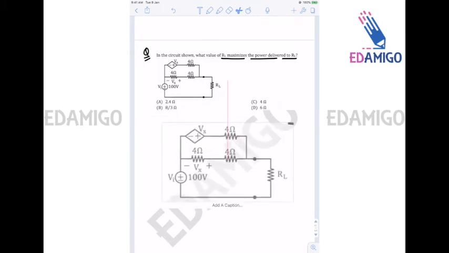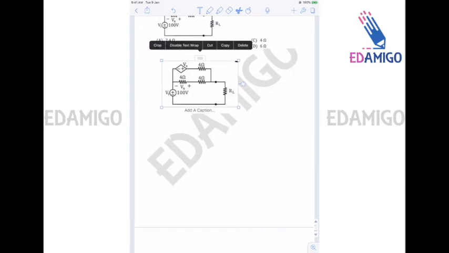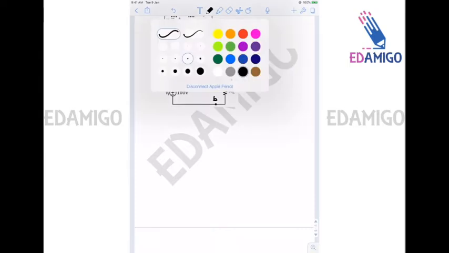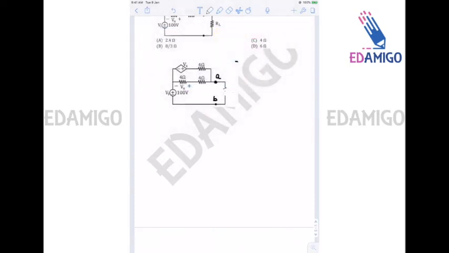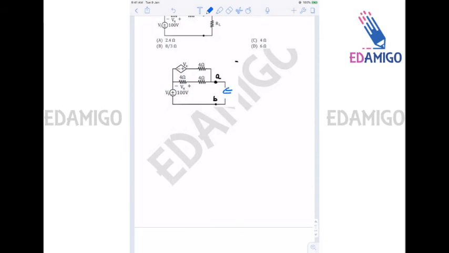Let me just reduce the size. Let us mark node A and node B and remove the load RL and find the RTH or RAB. So RL has to be equal to RTH for maximum power transfer.